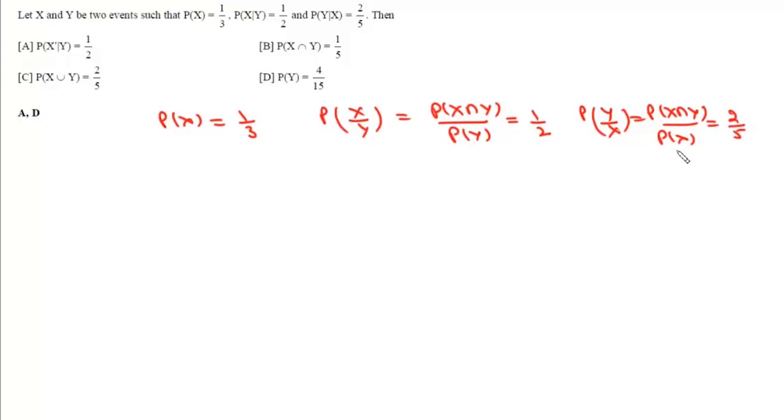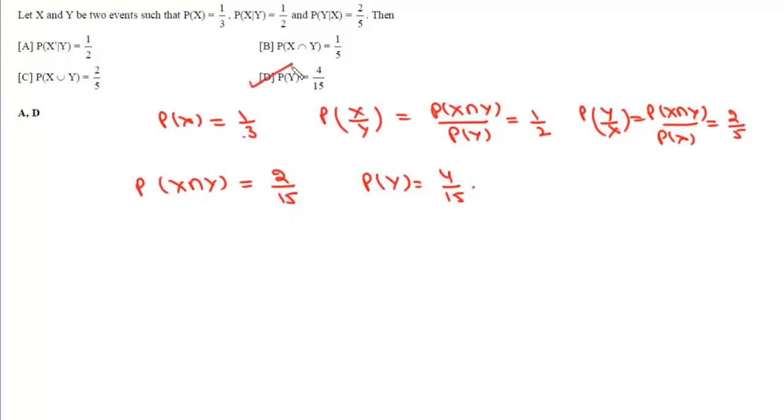Now since we have probability of X, from the first and third we can calculate probability of X intersection Y, and this probability will be P(X) into 2 by 5. So it will be 2 by 15. Now once we have X intersection Y and we put it in the second one, we get P(Y).